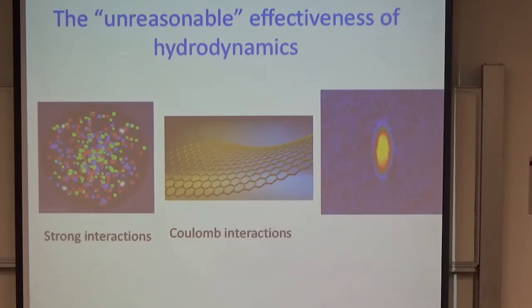And here is essentially a short-range atomic interaction, at the coldest temperature you can find on Earth. So over a whole range of temperatures and all different types of interactions, somehow hydrodynamics got involved.